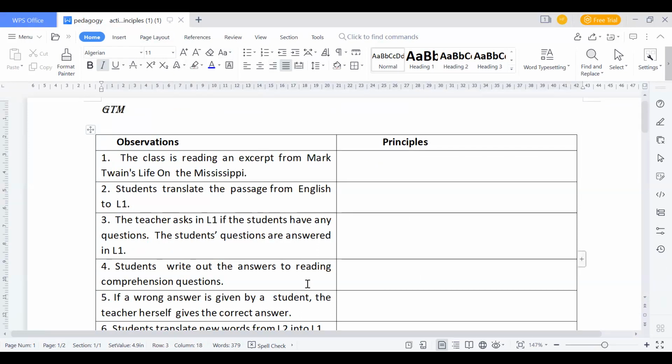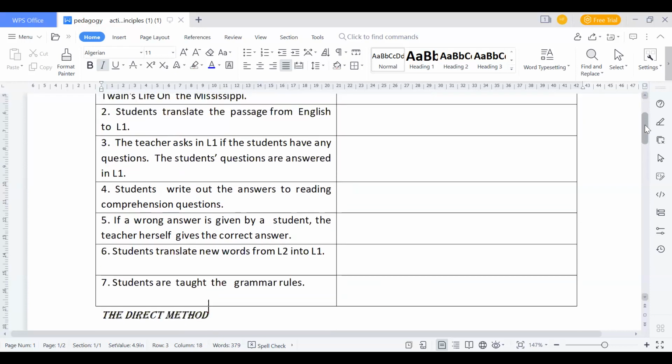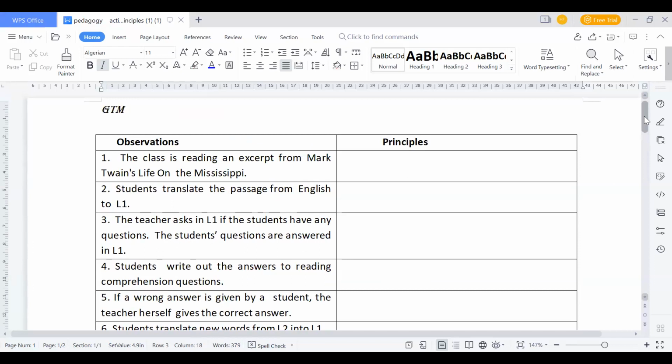We call it the underlying principles of the grammar translation method. I have put 7 observations from a grammar translation method classroom. They have observed that this happens there, so you have to tell me why. You know what the grammar translation method is and its underlying principles.